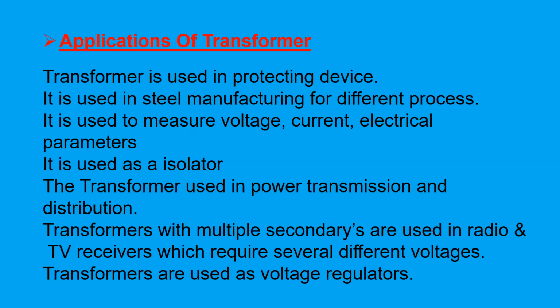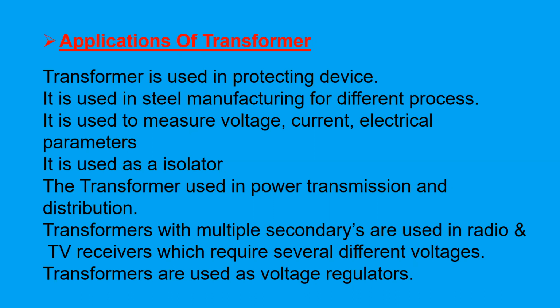It is used to measure voltage, current and other electrical parameters at very high values. Small voltage and current can be measured by a normal voltmeter and ammeter, but very high voltage cannot be measured by meters like a voltmeter and ammeter. That is measured by the instrumentation transformer.